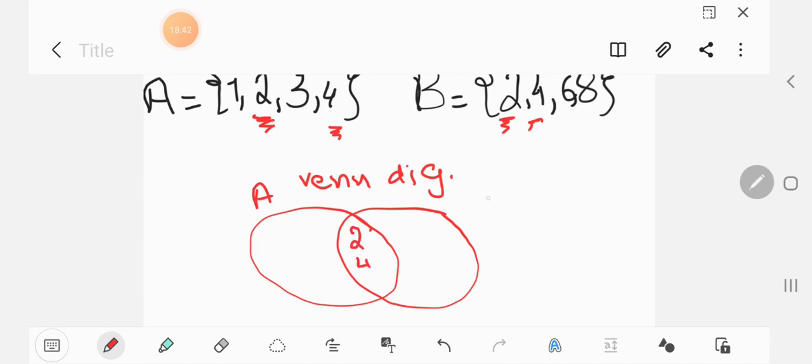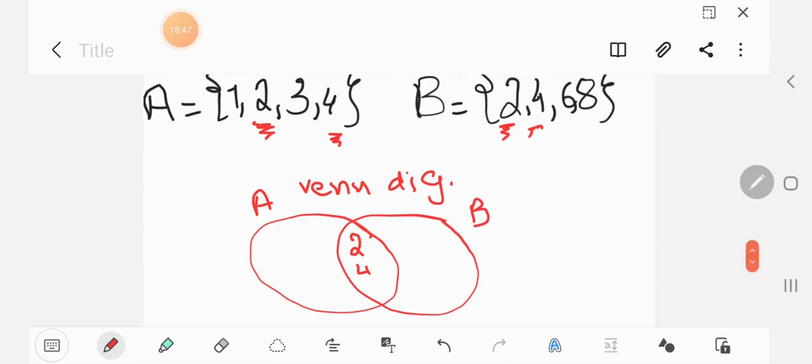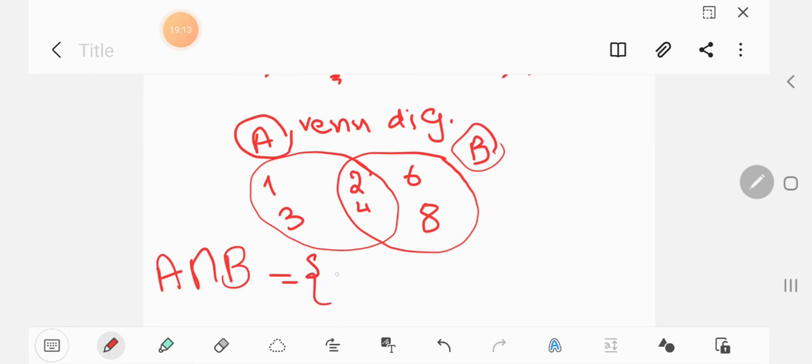This one will be A and this one will be B. Set A has 1, 2, 3, and 4. Set B has 2, 4, 6, and 8. If I said to you A intersect B, now it's very easy and clear. It will be 2 and 4.